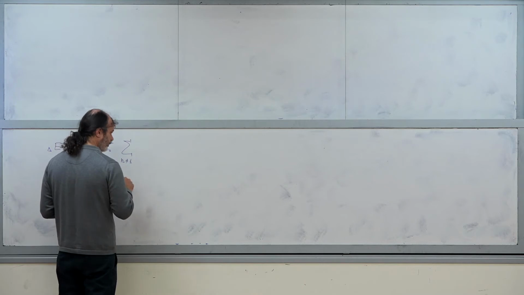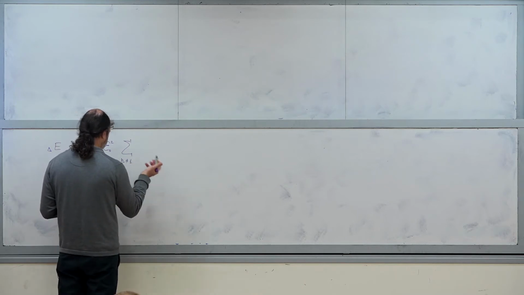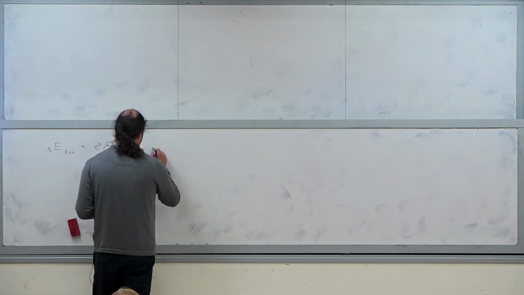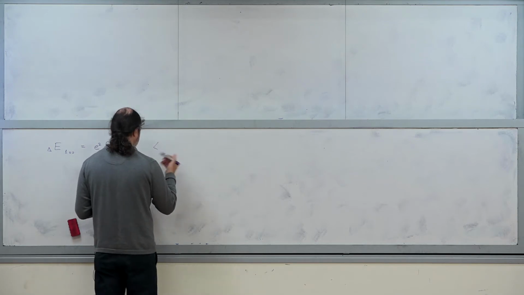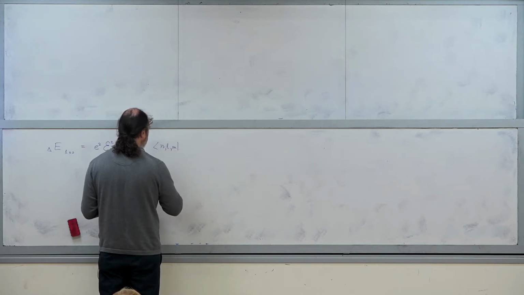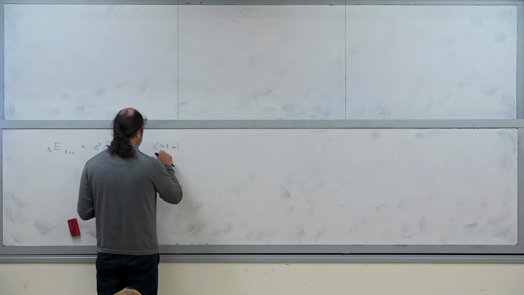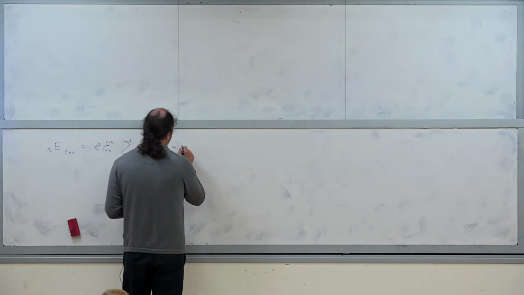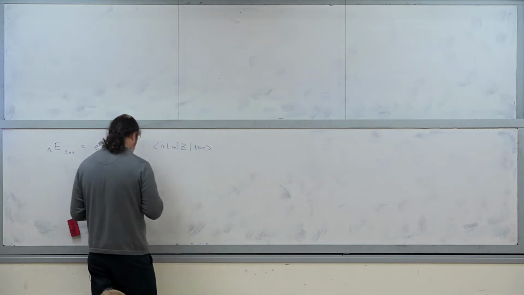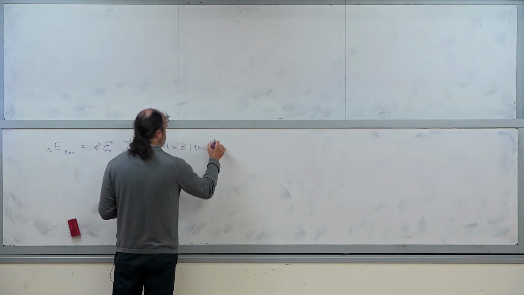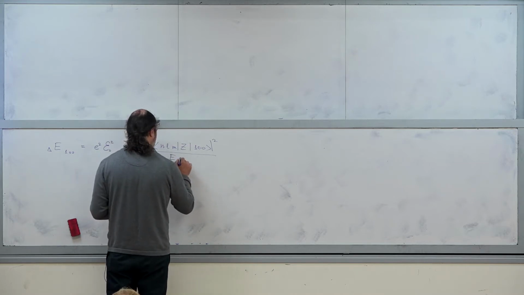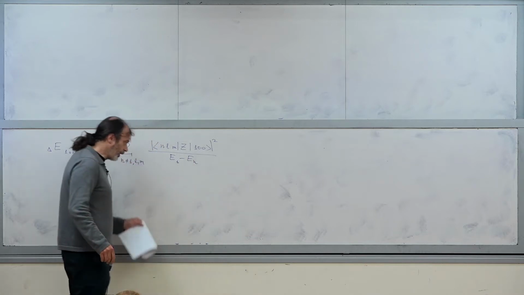So it should be all energy levels except the ground state, and then all L and all M. Here we have to close our operator, which is the Z direction, with all functions N, L, M. N, L, M on Z operator, and close with the ground state, which we want to calculate, square that, and it should be divided by the difference between the energy of the ground state minus the energy of the n state.